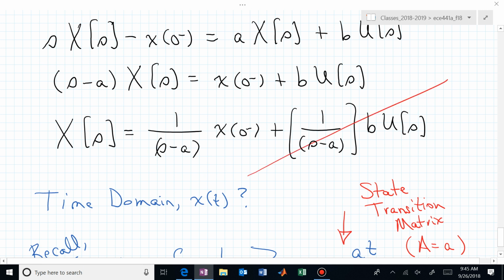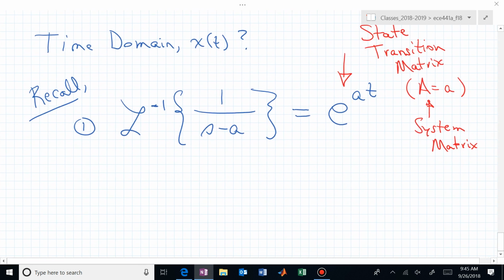I would now have an initial condition response. I have the initial condition, x of 0 times e to the AT in the time domain. That's now just going to be an exponential decay, and that decay is influenced by the value of a. If a is negative, it's well behaved.